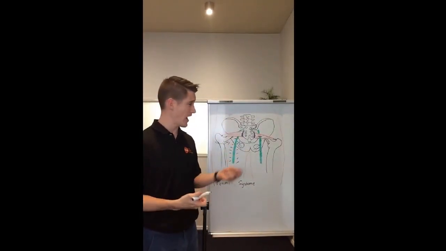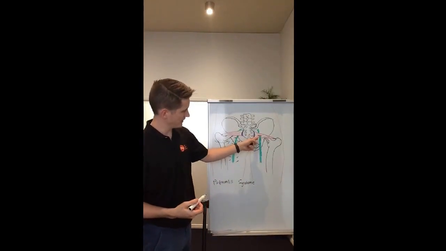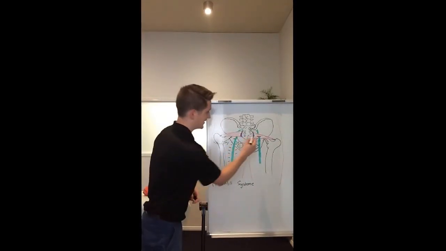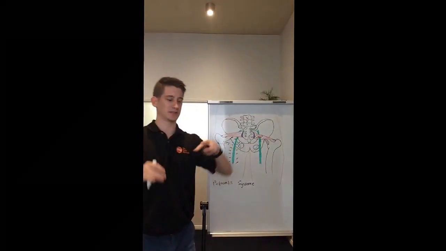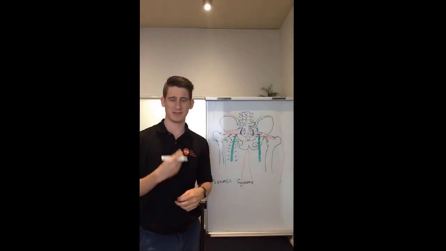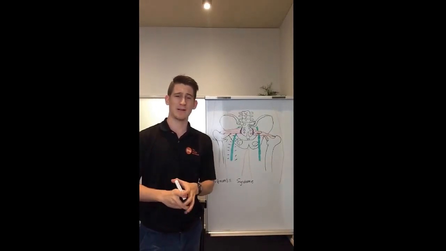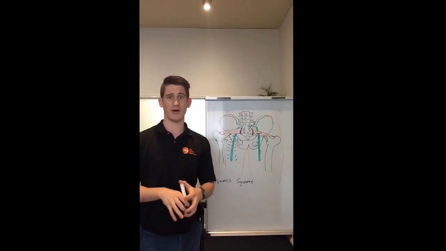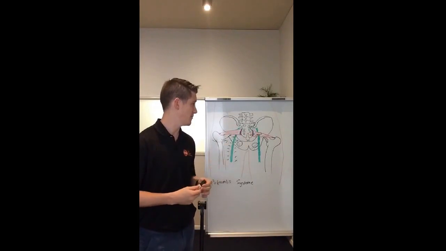Unfortunately, some people have what I've drawn over here, where the sciatic nerve actually cuts through the piriformis muscle. So if that piriformis muscle gets tight or has any trigger points, that's going to become a potential source of issues with sciatic type pain.